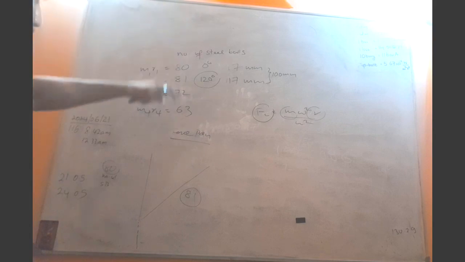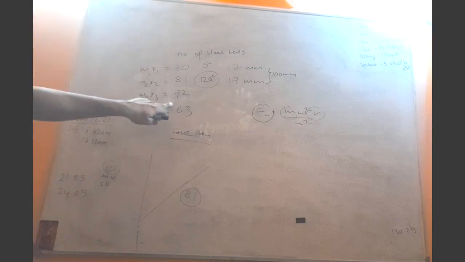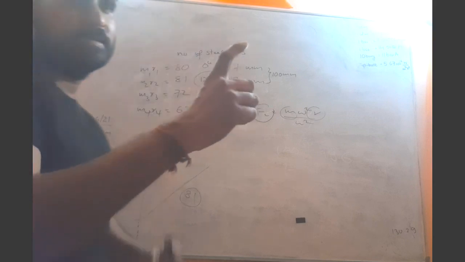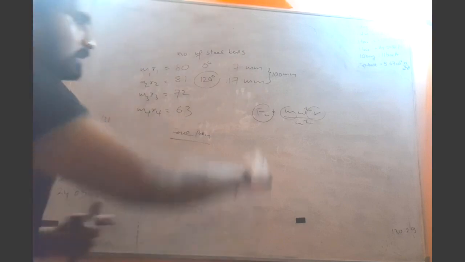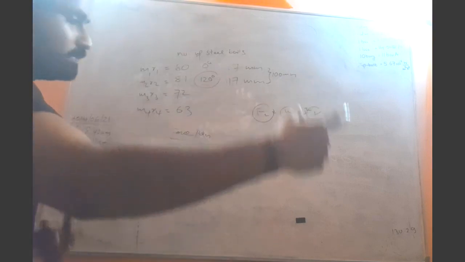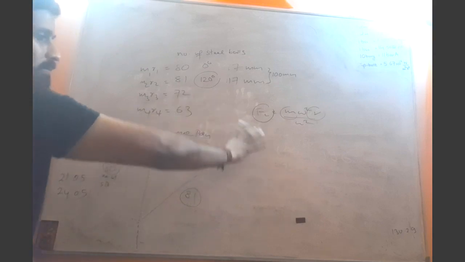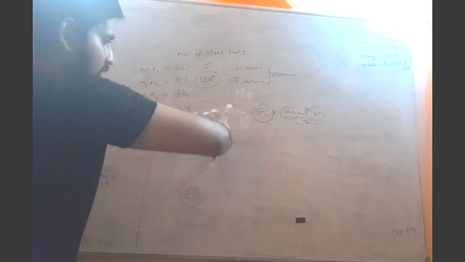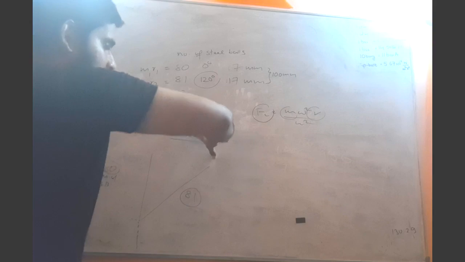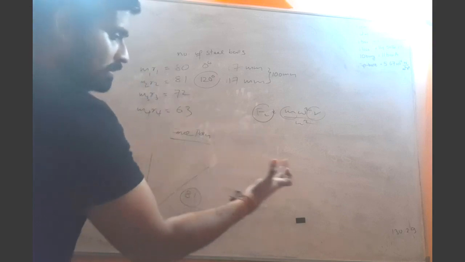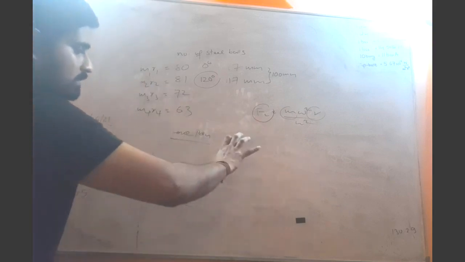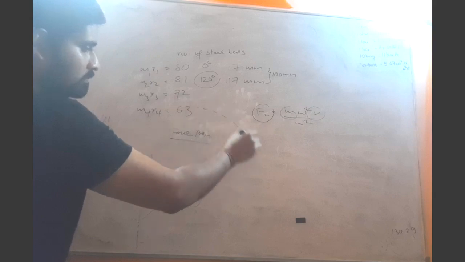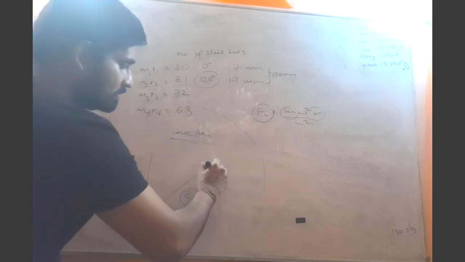Be very careful, these values represent the number of steel balls. Take the compass and measure that length that represents 72. Go there and make an arc. Keep the compass here, make an arc.